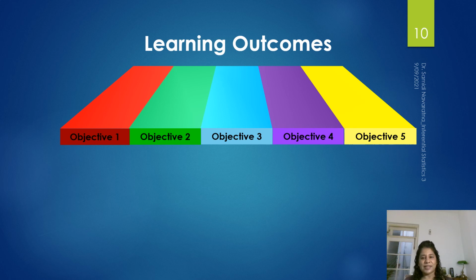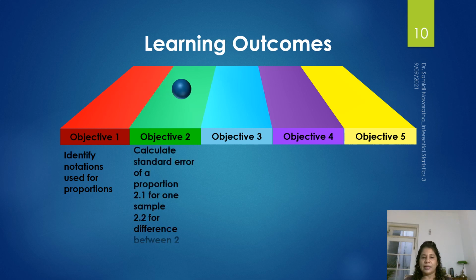By the end of this lecture, the student should be able to identify notations used for proportions. Then, calculate standard error of a proportion for one sample and for difference between two samples.